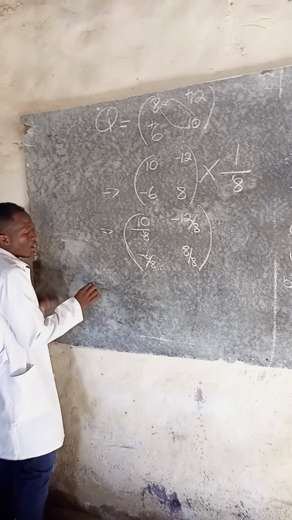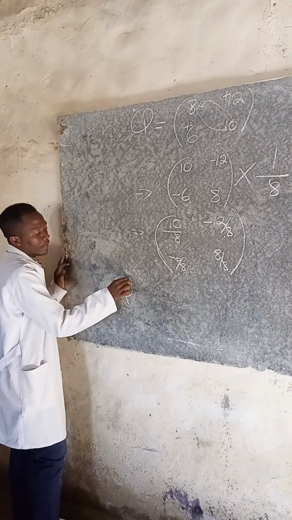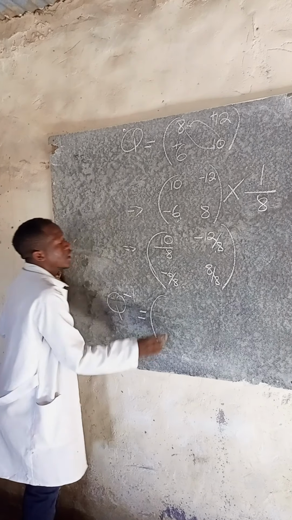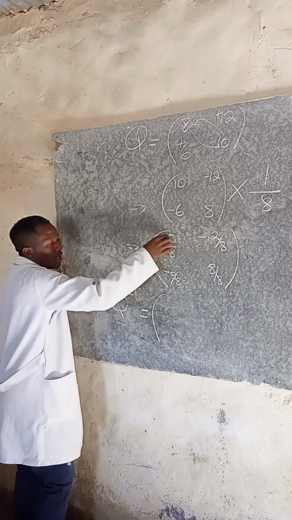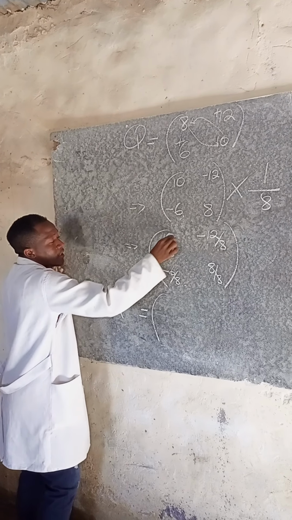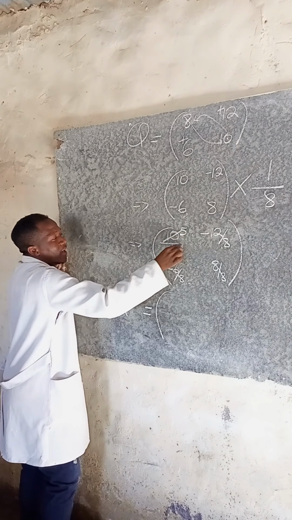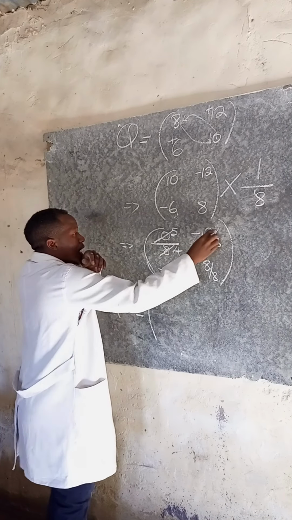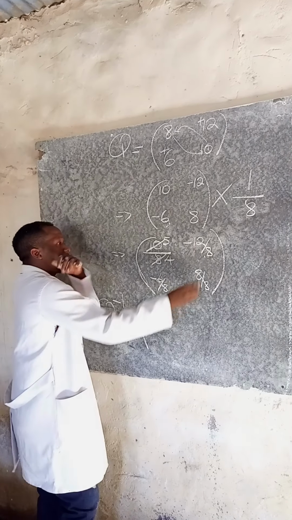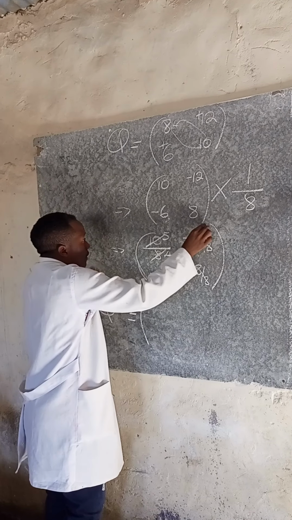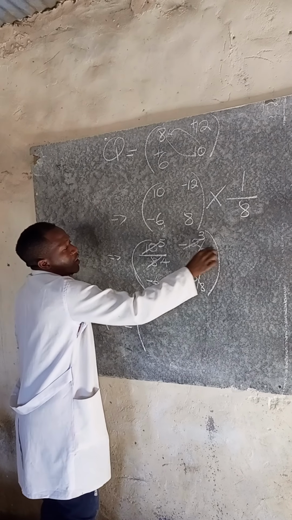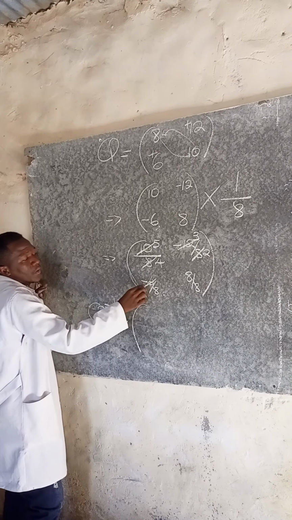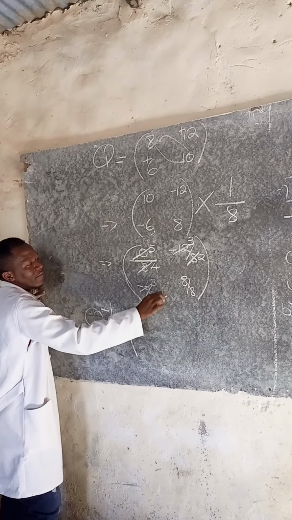Then finally, we are going to write the matrix of Q. We found its inverse, which is now equal to: we are going to evaluate here, of which we find that 2 there is going to be a 5, then 2 there is just going to be a 4. Then here we are going also to use a 4. 4 there is going to give a 3. 4 there is going to give a 2, but there is a negative here. Then here we are going to use a 2, 2 there, 3, then 2 there, 4.